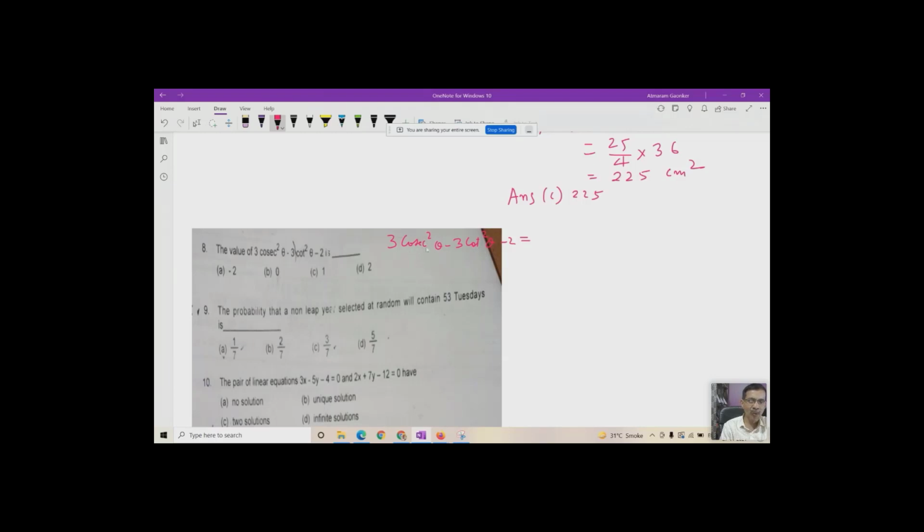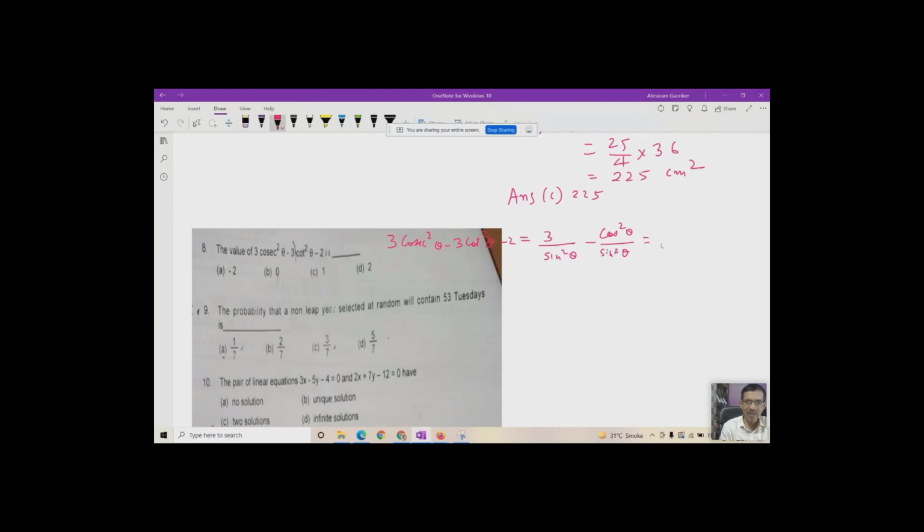The reciprocal formula of cosec is 1 upon sine, so this is 3 upon sine square theta minus cot square theta, which you can write as cos square theta upon sine square theta.